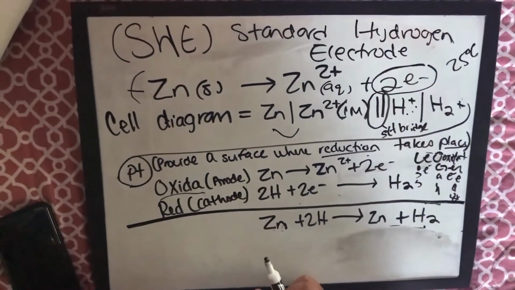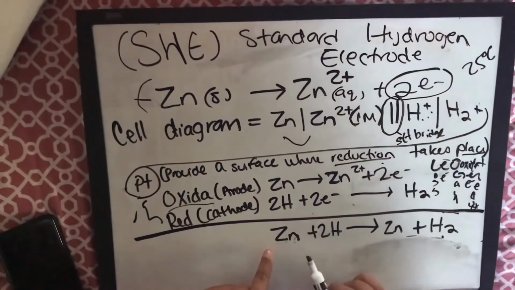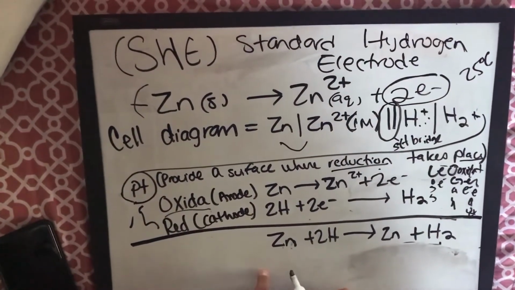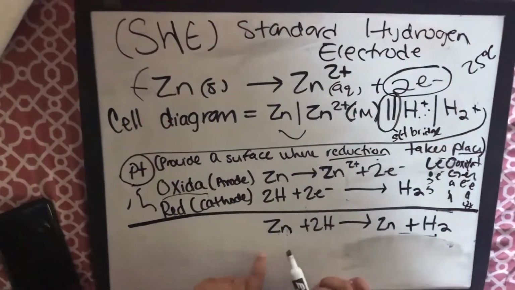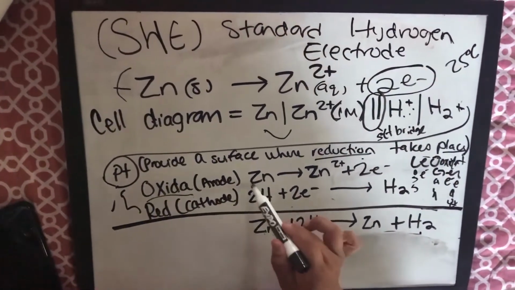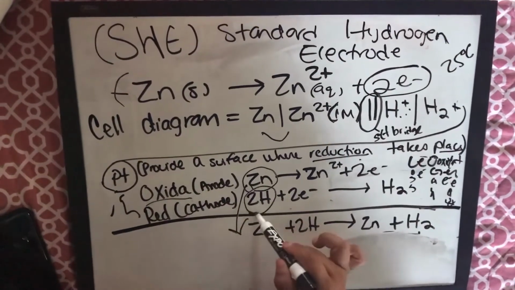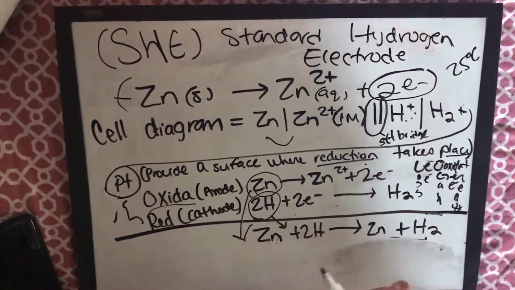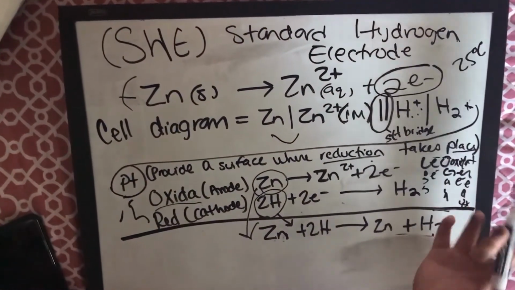Okay, so I did the separation of the two equations, so now we're left with canceling out anything that is the same. So we don't have anything that can cancel out with the Zn, so we bring it down. The 2 hydrogens come down because there's nothing we can cancel it out with.